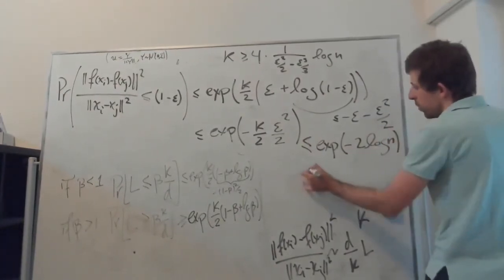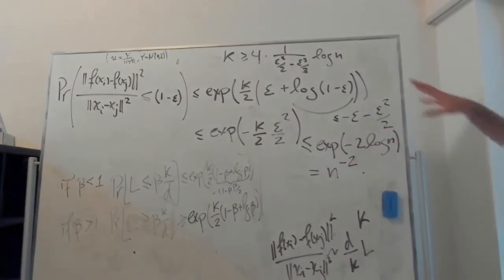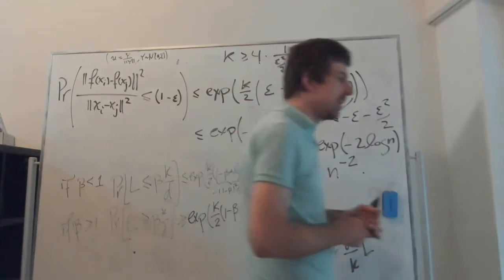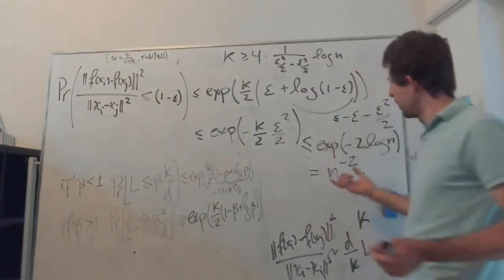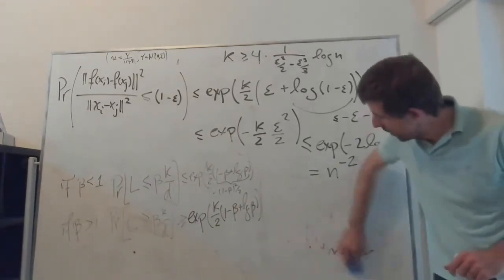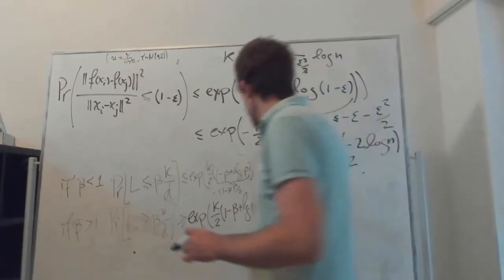So this is equal to n to the minus 2. So the probability that the norm undershoots by more than a factor of 1 minus epsilon is bounded above by 1 over n squared.